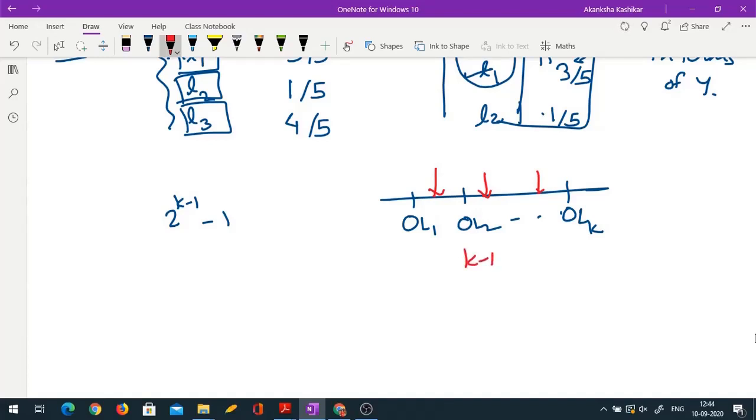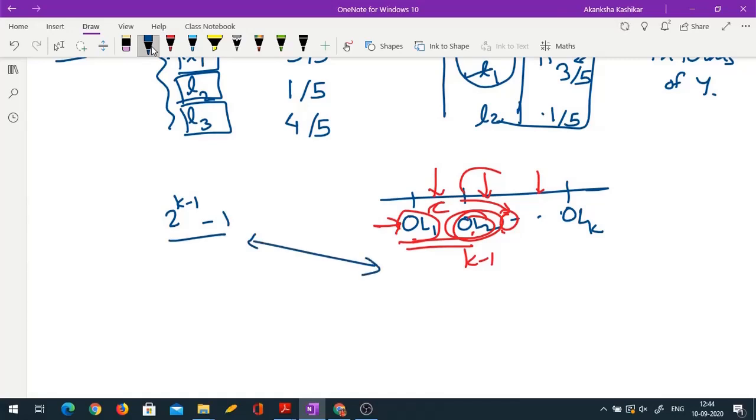So I won't allow the possibility of OL1 and OL3 being in the same class and OL2 and the remaining being in another class. Why? Because now I have ordered these as per the response, so the neighbors should stay together. OL1 and OL2 are neighbors, OL2 and OL3 are neighbors, but OL1 and OL3 are not neighbors unless you bring in OL2 also. So such combinations that we would need to check are eliminated, and as a result we have a drastic reduction in the number of comparisons.